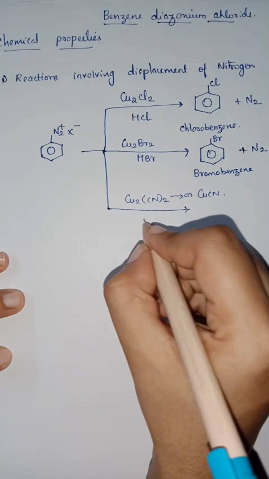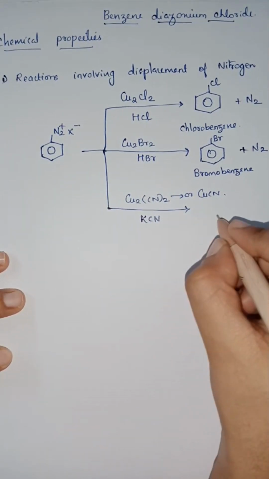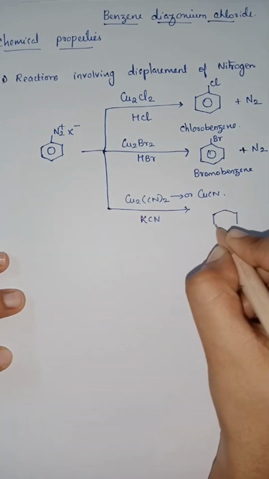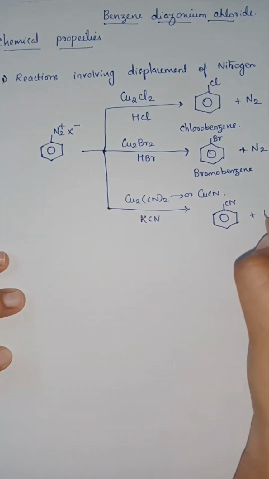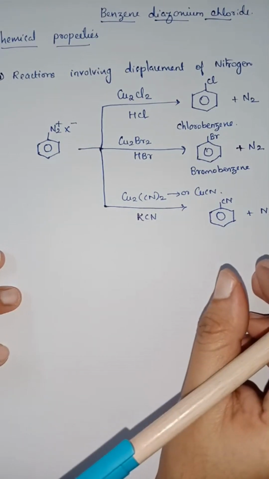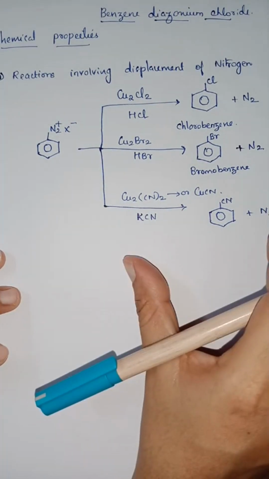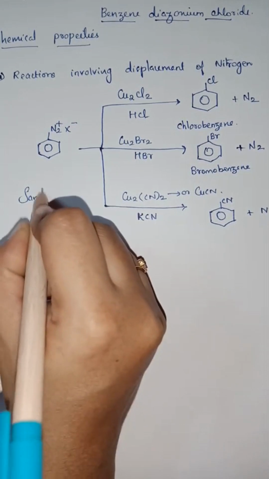That is, copper should be in the +1 state. That is very important, and as a result we will get what? Cyanobenzene. You know very well, cyanobenzene on hydrolysis can prepare benzoic acid as well. So this reaction is a very important name reaction, called Sandmeyer's reaction.